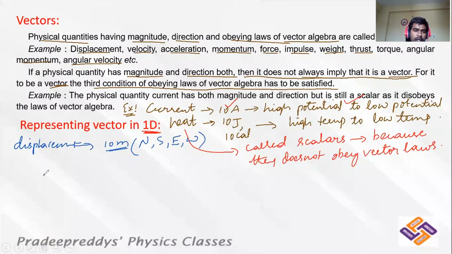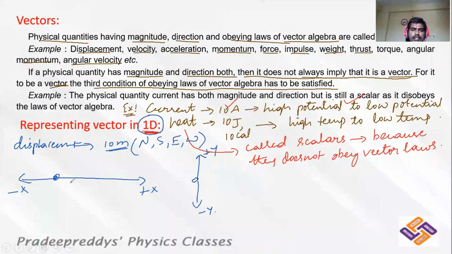Similarly, you have coordinate axes, positive x-axis, negative x-axis, and positive y and negative y. When you are dealing with a vector quantity in one dimension, you can represent a vector along positive x-axis or negative x-axis.